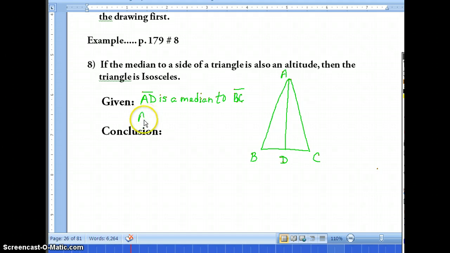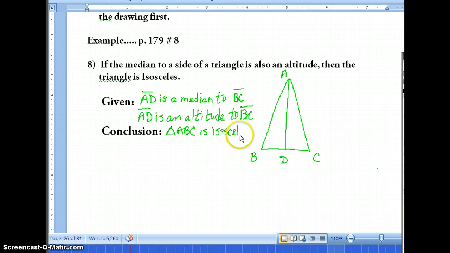And AD is an altitude to BC. Now our conclusion, we're trying to prove that triangle ABC is isosceles.